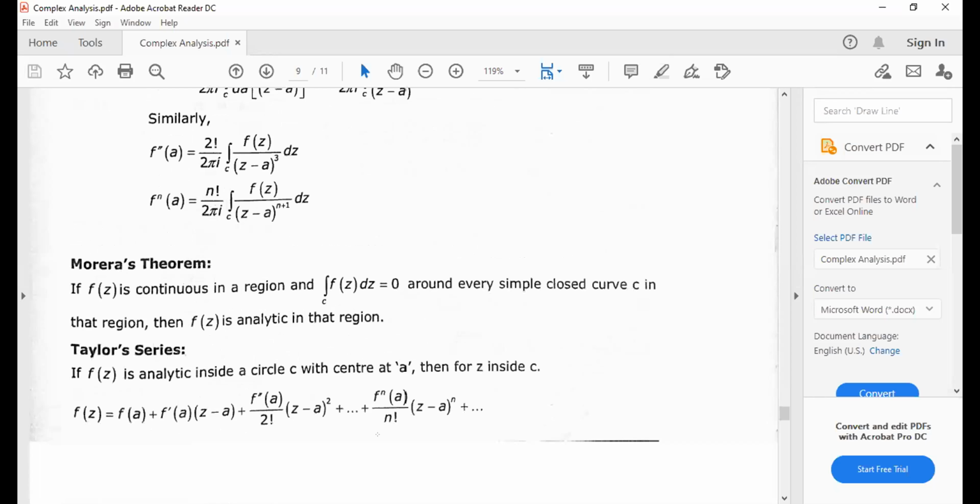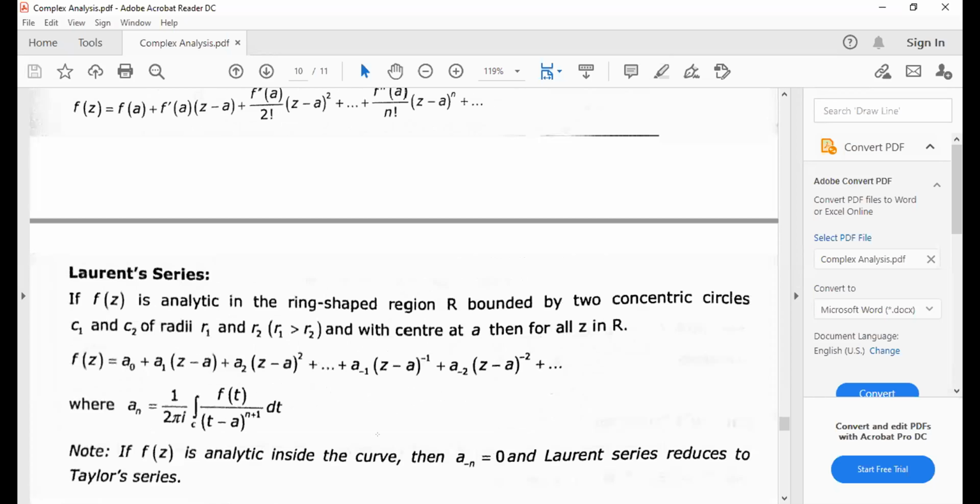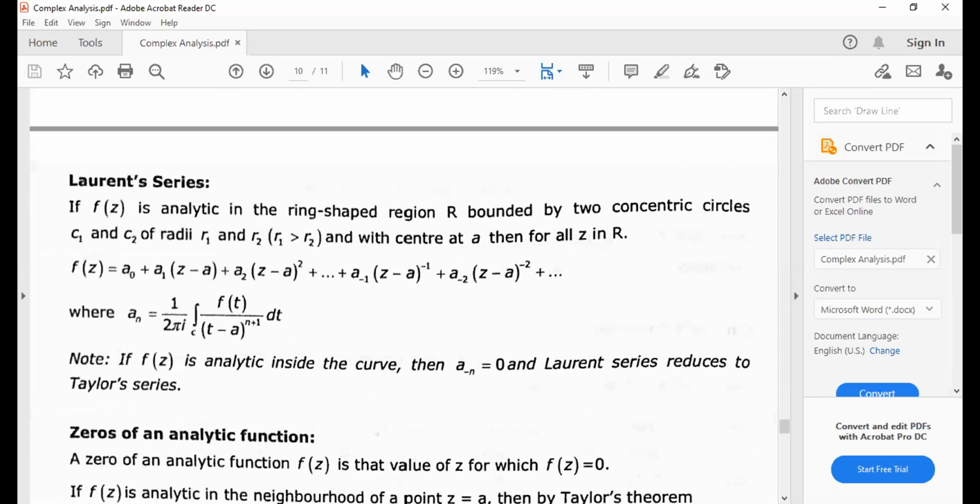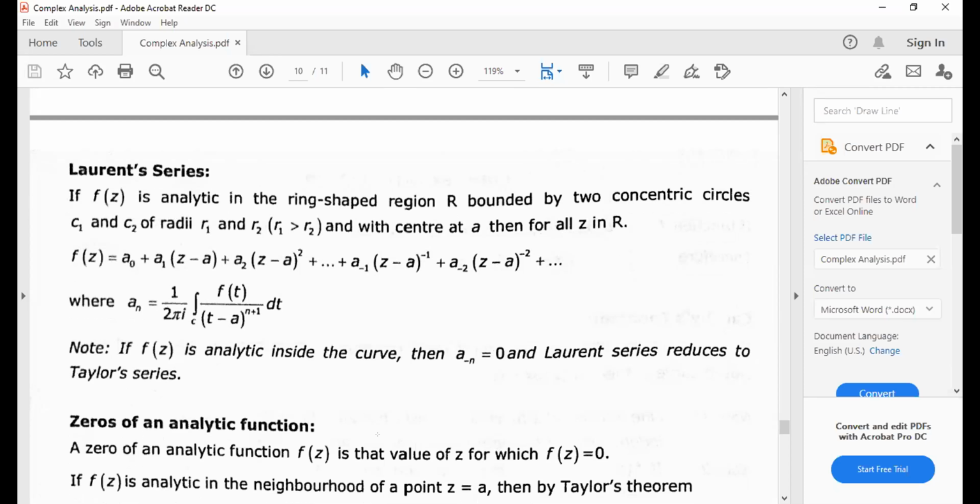For the residue theorem, you should know the poles, the singularities of the function. If you know the poles, then at the poles you have to find the residues.